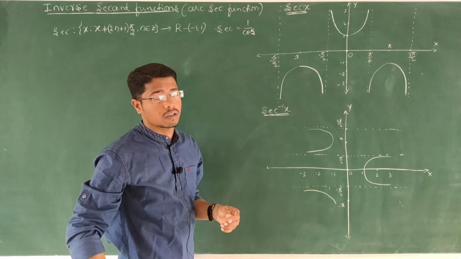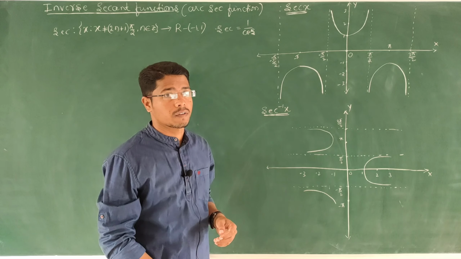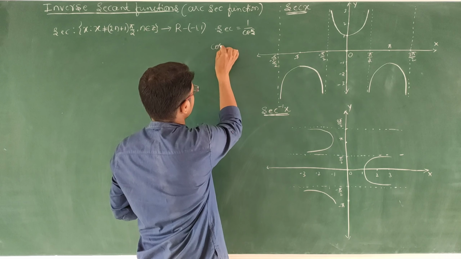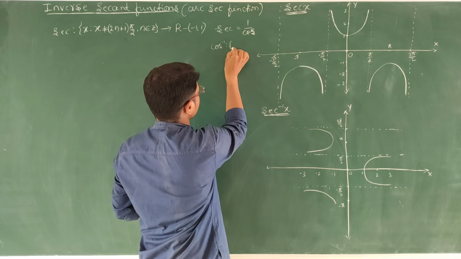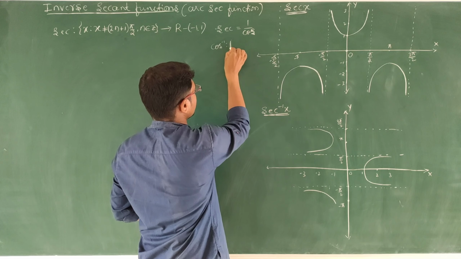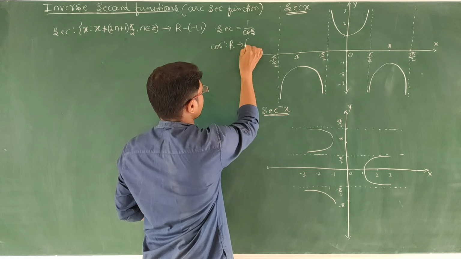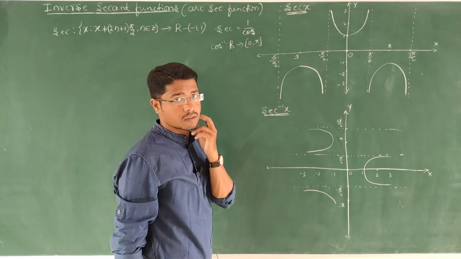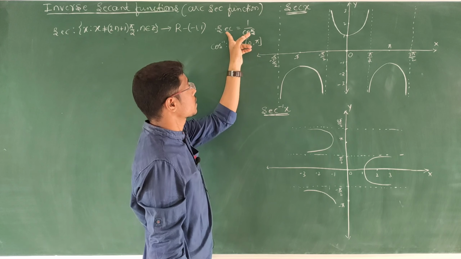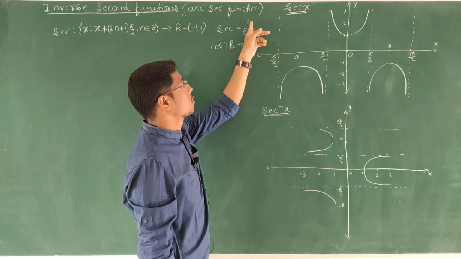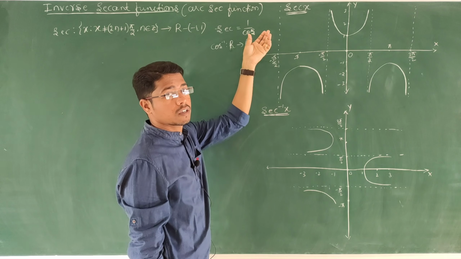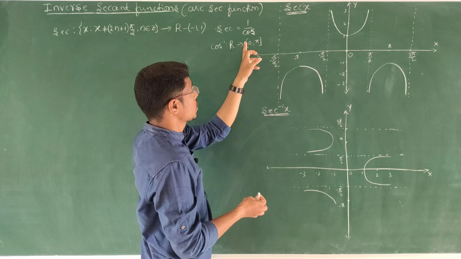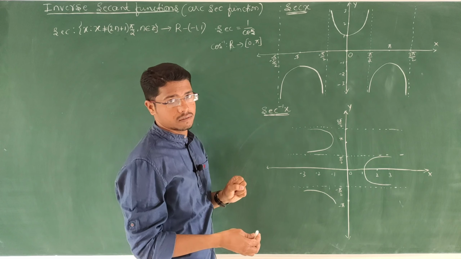We know the cos inverse function is from R to [0, π]. Sec is not defined where cos is 0, that is at π/2, so we have to exclude that point.